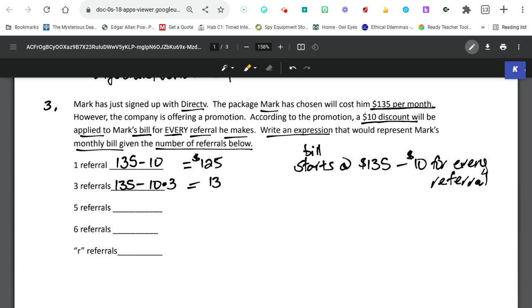Okay? And 135 minus 30 means his new bill or discounted bill will be $105. Again, I'm not concerned about the actual bill. I'm more so concerned about the expression that I'm writing. So we can see that what we're doing is taking 135.